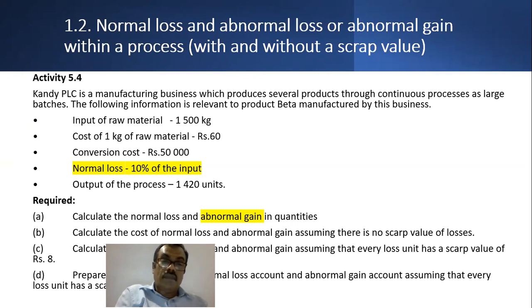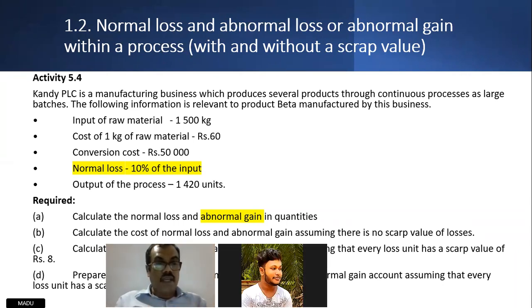What is the total cost? 1500 into 60, that is 90,000. Conversion cost is 50, therefore 140. Total cost is 140. From 140, you have to deduct 8 into 135. That's a very simple calculation. Then that is the cost.